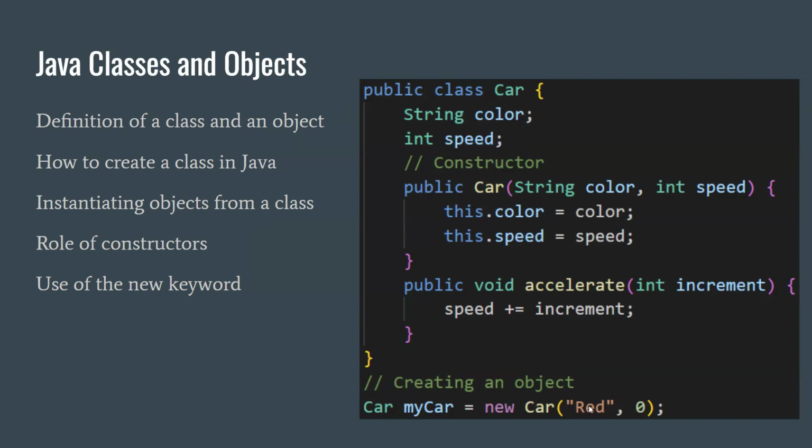So you can see that we are passing red and 0 for speed. And the accelerate method here increases the speed by a given increment. And as we explained, an object, my car, is created from the car class with red as its color and 0 as its initial speed.